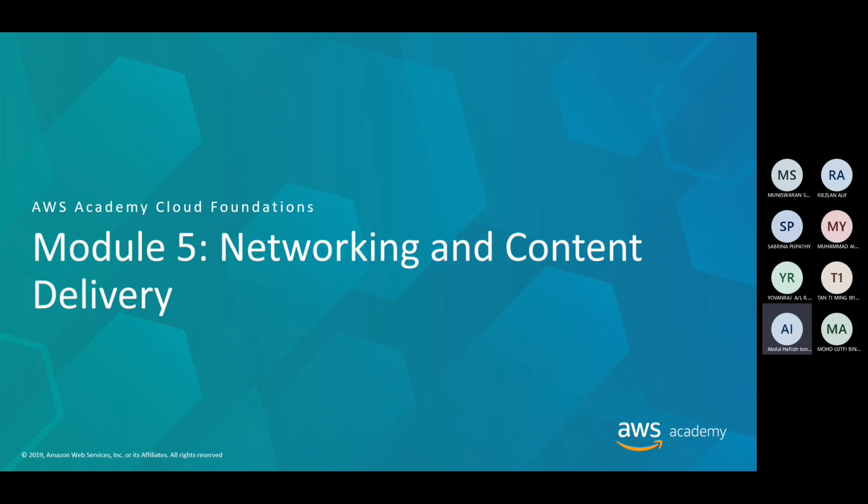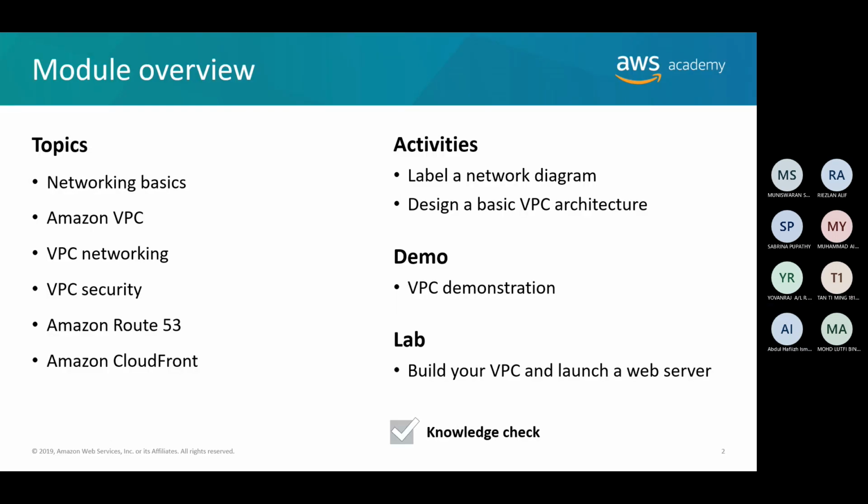So this module covers three fundamental Amazon Web Services, AWS, for networking and content delivery: Amazon Virtual Private Cloud, Amazon VPC, Amazon Route 53, and Amazon CloudFront. So all about services that are offered by Amazon AWS. So let's go.